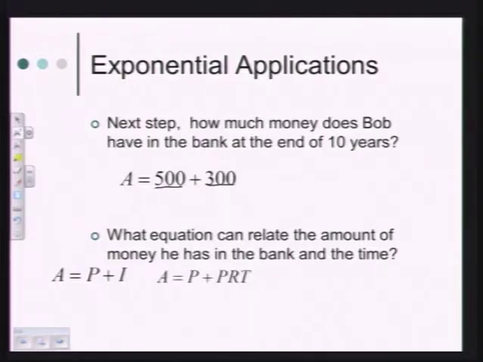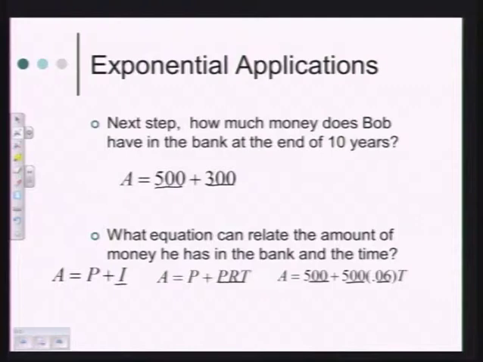But since I is PRT, principal times rate times time, we can substitute for this I PRT, and we get a new but similar formula, A equals the principal plus PRT. And we can actually put our numbers in for Bob. It would equal 500 plus 500 times 0.06, and I'm going to leave T as the independent variable, meaning as it changes, so will the amount of money.